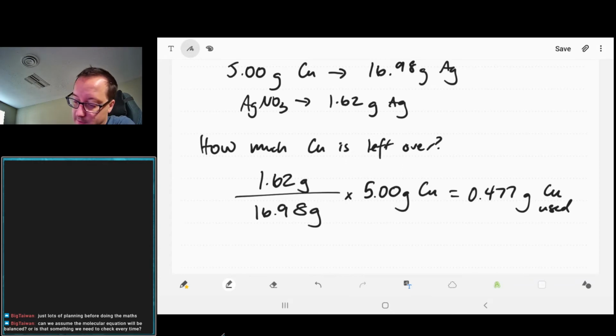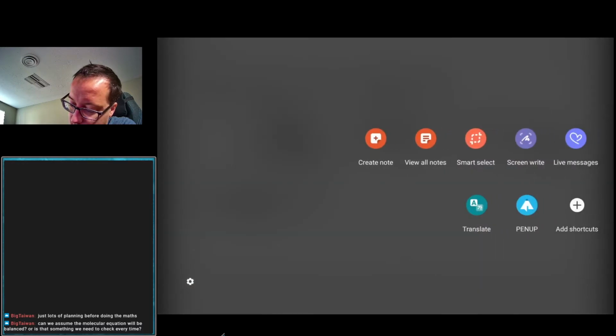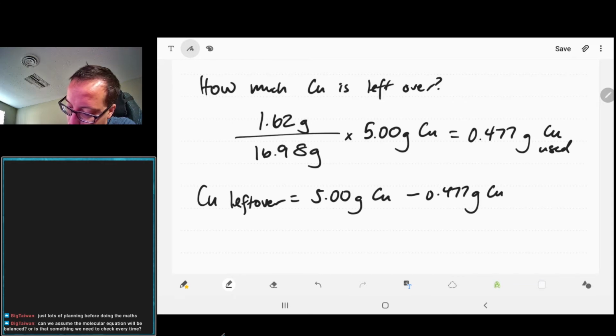And so if we want to see the amount left over, that's going to be our initial amount minus the amount we used up, which will be 4.52.